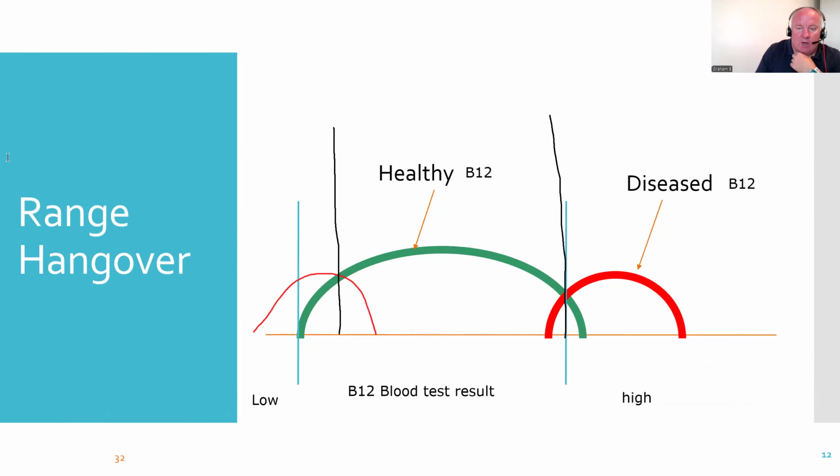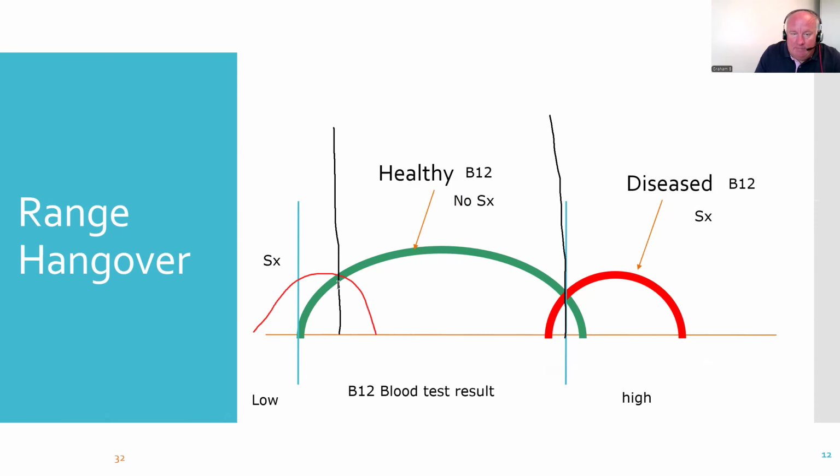One when it's really high and one when it's really low. And both of those are diseased or abnormal. Okay, the green one represents normal B12 levels that are asymptomatic. So if it's green, they've got no symptoms. And if it's red, they'll have symptoms.